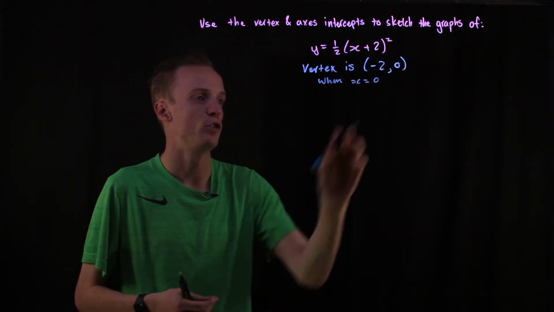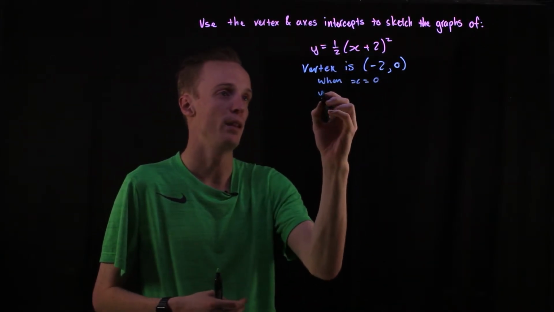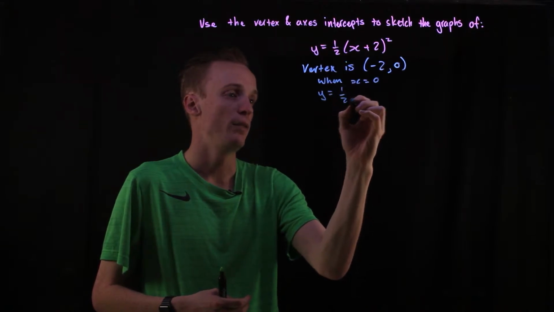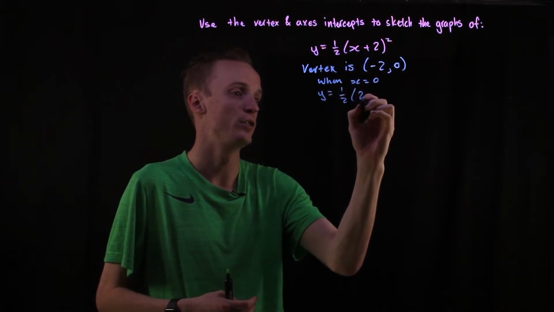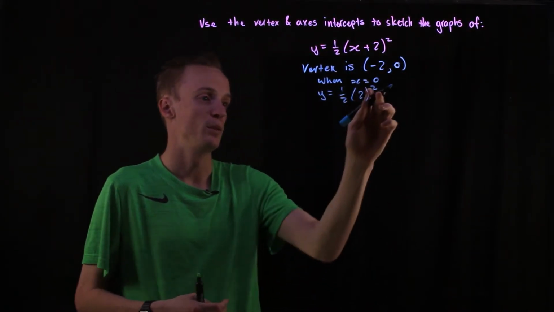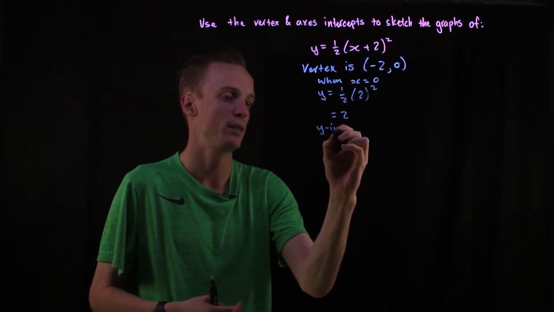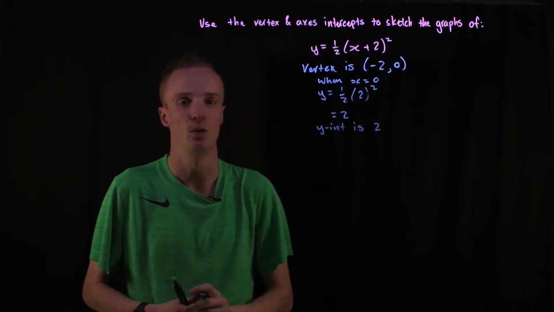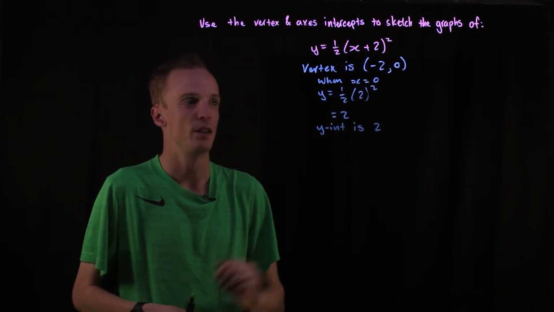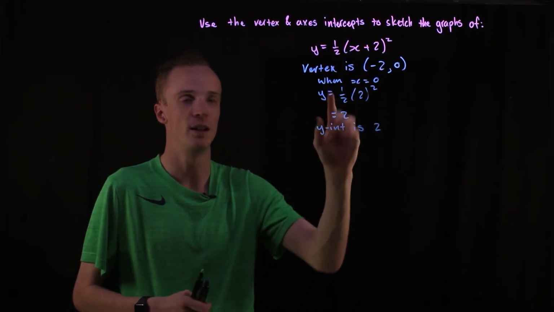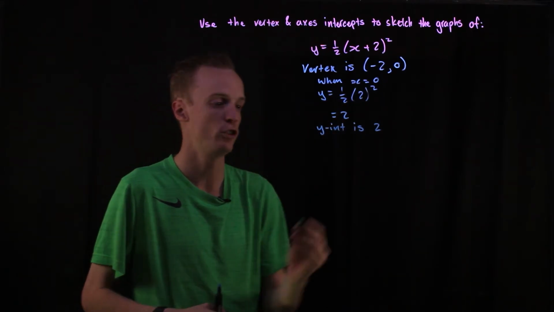So essentially I substitute 0 in for x into the top here, so y will equal 1/2 (0 + 2)², 0 plus 2 is just 2, so 2 squared is 4, half of that is 2, so my y-intercept is 2. So now I can go ahead and produce a sketch of this and include these important pieces of information.